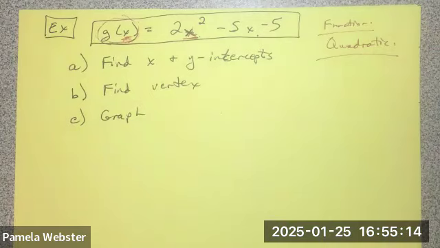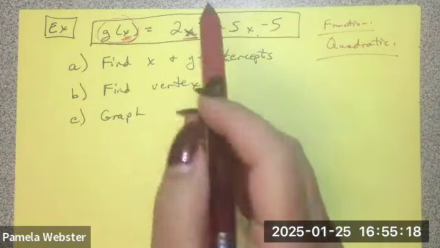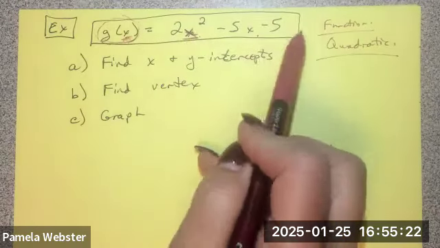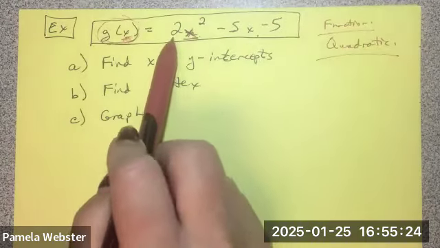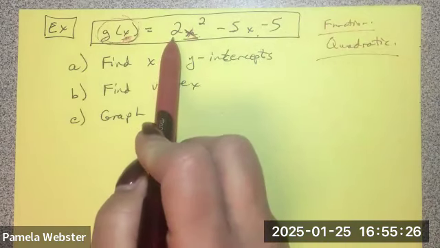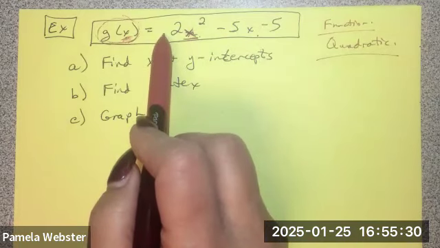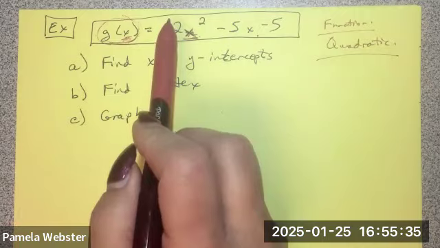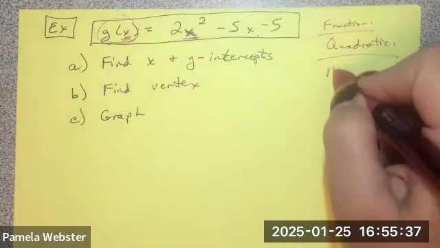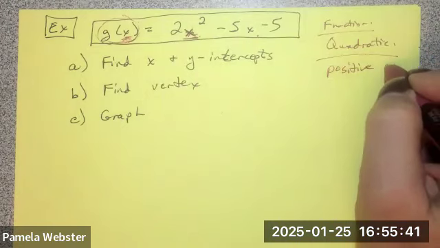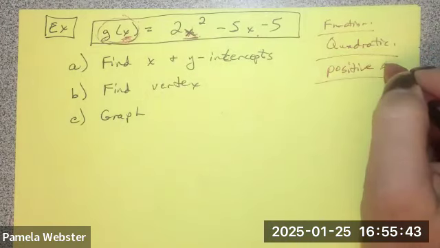I'm also going to throw out this other one, but if you didn't see this to begin with, it's okay. Here's my leading term. This is in descending exponent form on the x's. That would be my leading coefficient, the 2. And what's the sign out in front of it? Is it positive or negative? This guy's positive, right? Okay. So because it's positive, that tells me it's a happy face.